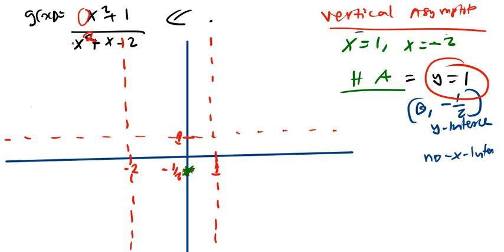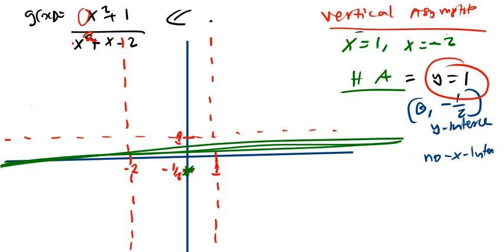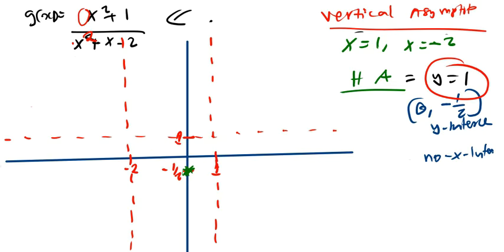There is no x-intercept, meaning that the graph can never cross this line. You only have one point, and that point is the y-intercept, meaning that the graph will always go like this. Because I've got a point here, it can't go like this because we don't want it to cross the x line.